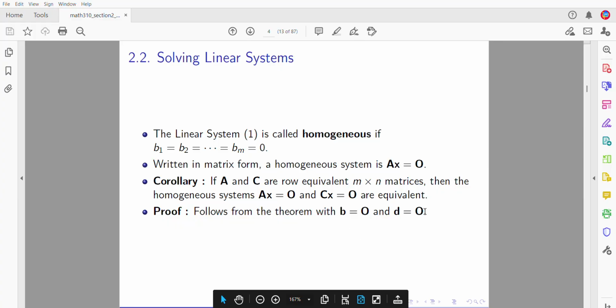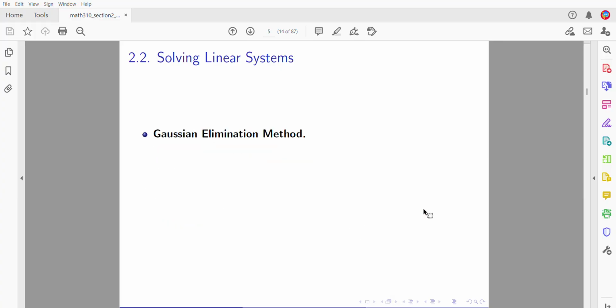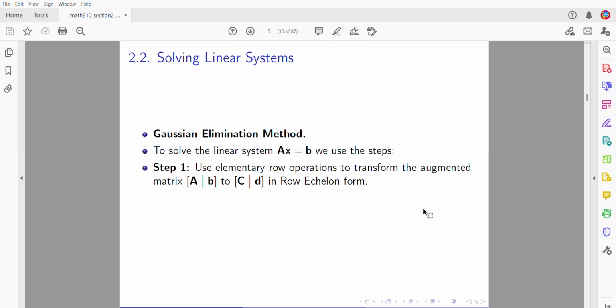Now, let's understand the Gaussian elimination method. To solve the linear system AX equals B, we use the following steps. Step 1. Use elementary row operations to transform the augmented matrix AB to CD. What is CD?